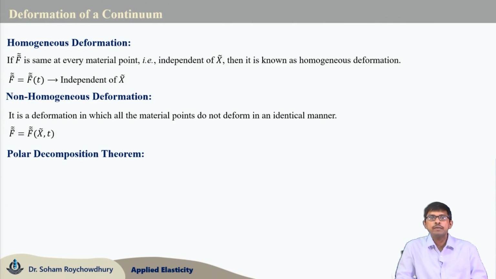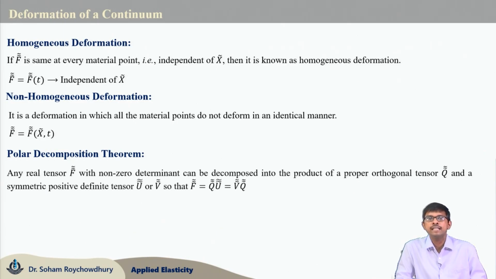Now, coming to a very important theorem called the polar decomposition theorem. This theorem states that any real tensor f with non-zero determinant, meaning J is not equal to 0, can be decomposed, or written, as a product of a proper orthogonal tensor Q and a symmetric positive definite tensor, either U or V. Now, what is an orthogonal tensor?